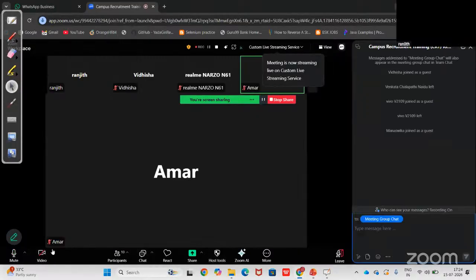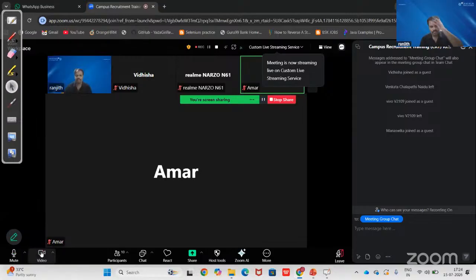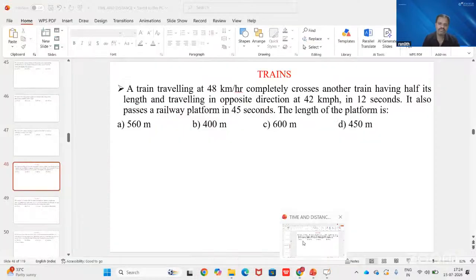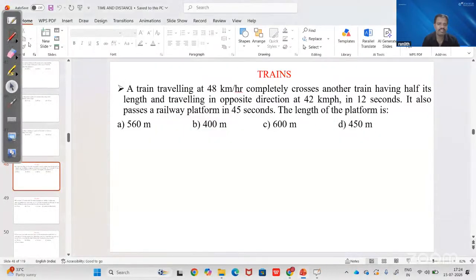Can you please tell me the answer? A train traveling at 48 kilometers per hour completely crosses another train having half of its length traveling in the opposite direction at 42 kilometers per hour in 12 seconds. It also passes a railway platform in 45 seconds. Find the length of the platform.